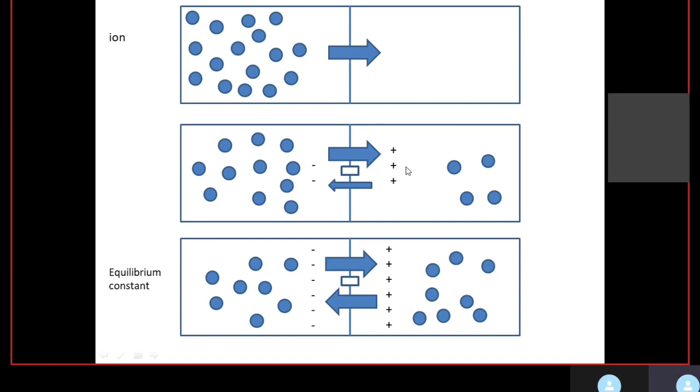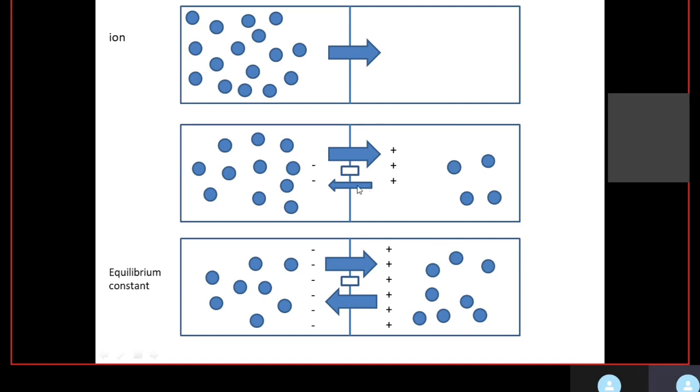So now we are creating an ionic gradient. We are creating a charge difference between the two compartments by moving an ionic molecule.